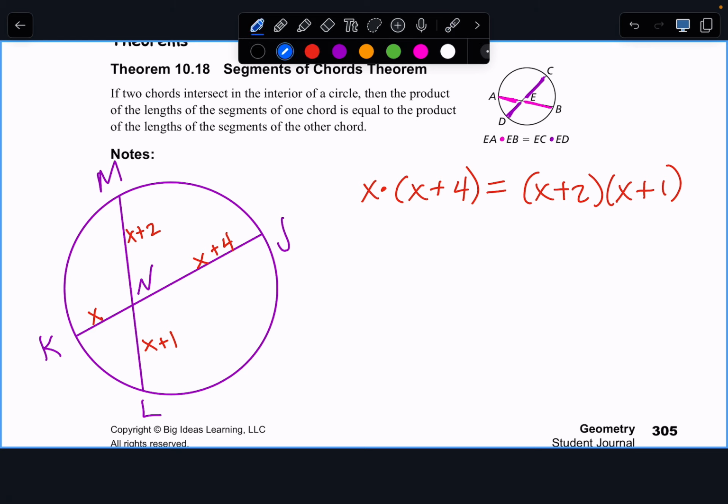We need to distribute to make it x squared plus 4x. What do we need to do on the right side? x squared plus 2x plus 1x plus 2.